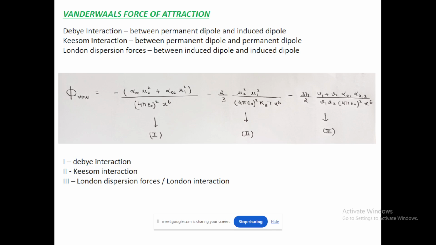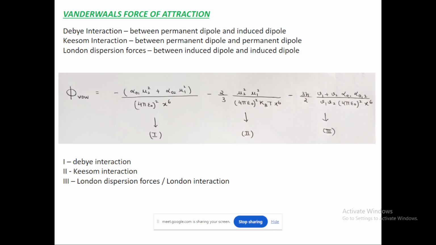They will act like an individual atom without any neighboring effect, in an isolated state. So yes, it varies with the distance between the molecules, raised to the power 6.